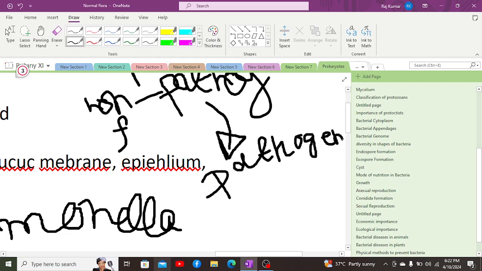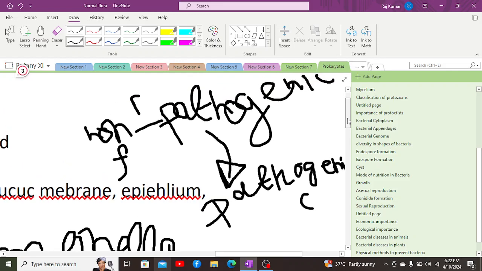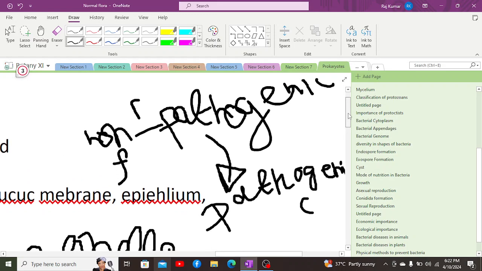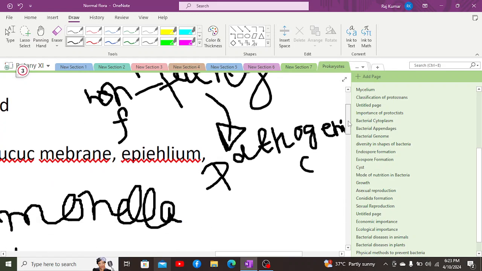So this is an important point to consider: the normal flora of the body can only be considered so whenever there is a non-pathogenic group of bacteria at a particular surface tissue in our body, right? So these are some conditions over here.